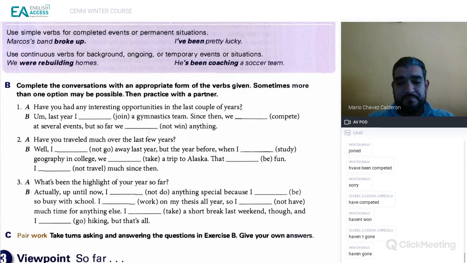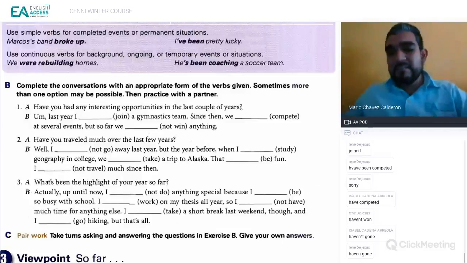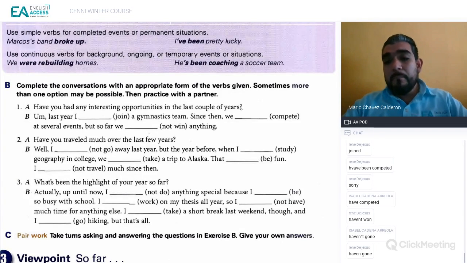Haven't gone. Okay, both of you say haven't gone. But look, last year, is it still going, is it a present complement, or is it past, is it over?